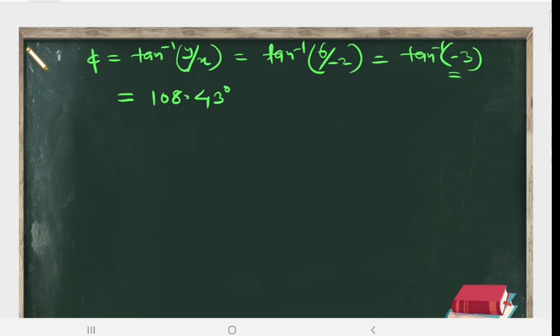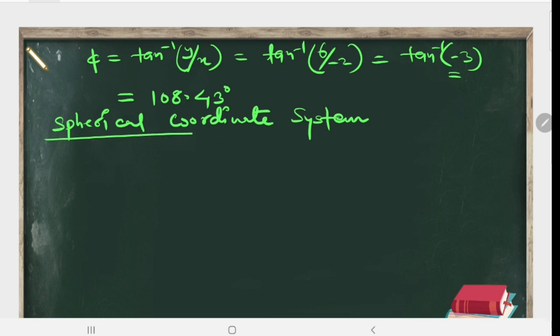Then our next target is to transform the point P into the spherical coordinate system. In the spherical coordinate system, we have variables r, theta and phi.